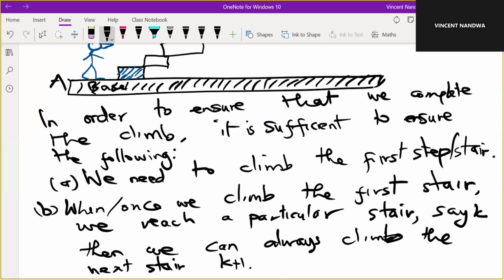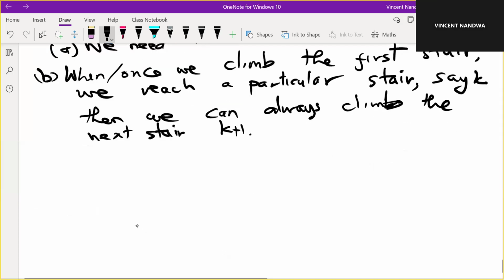Okay? So now we can give the formal definition. So this one now you can write. So statement.